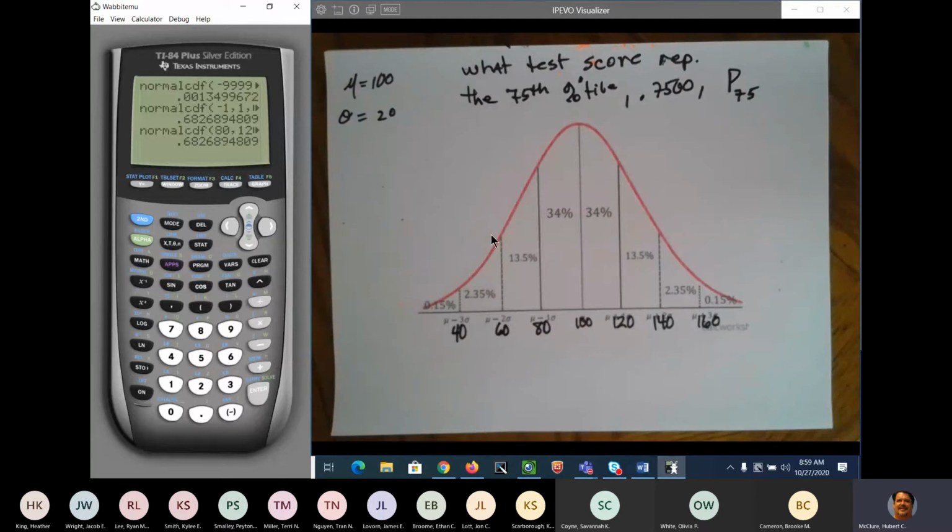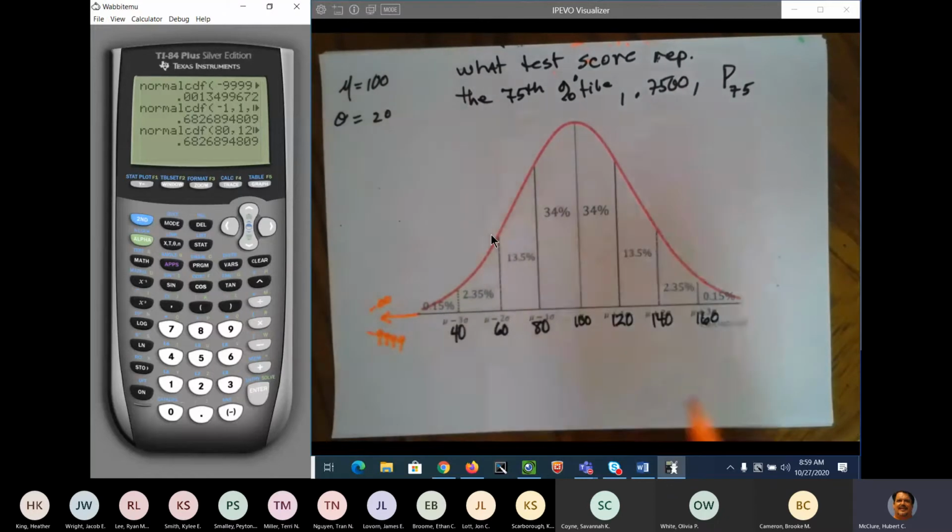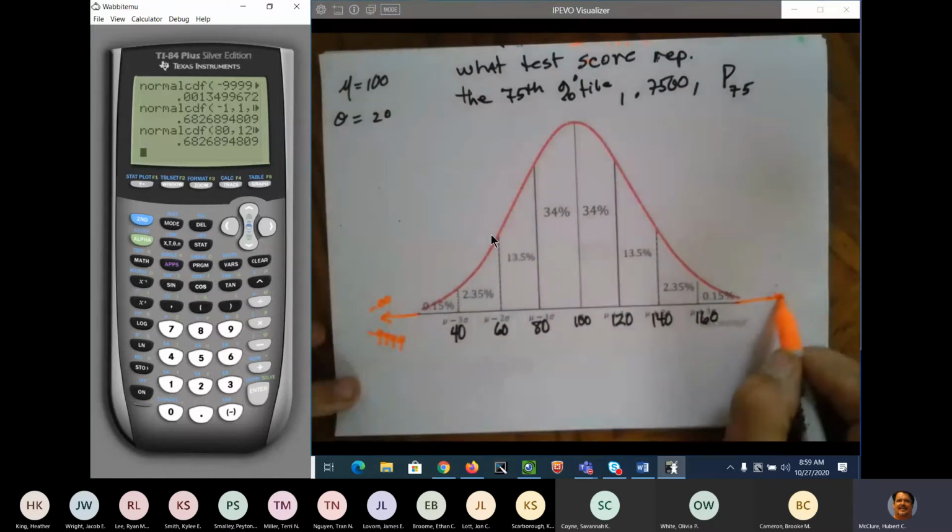We know that this arrowhead is called negative infinity or negative 9999, and this one is positive infinity, 9999.